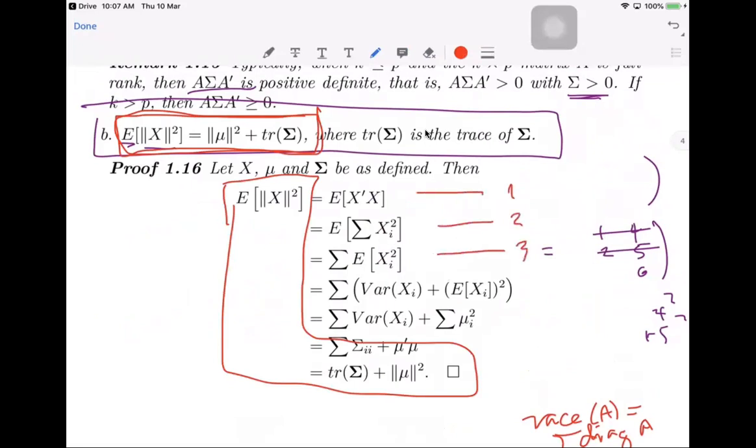Let's number this. Ma'am, X is a random vector, right? Yes. So what is it, ma'am, like q by 1 or n by 1?